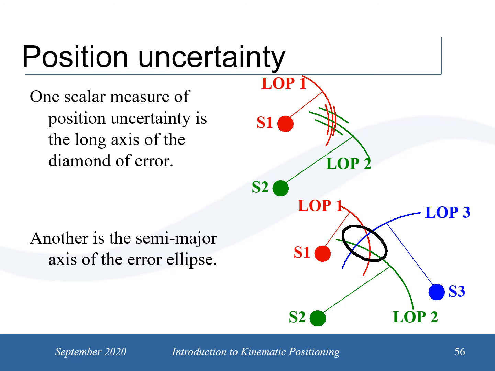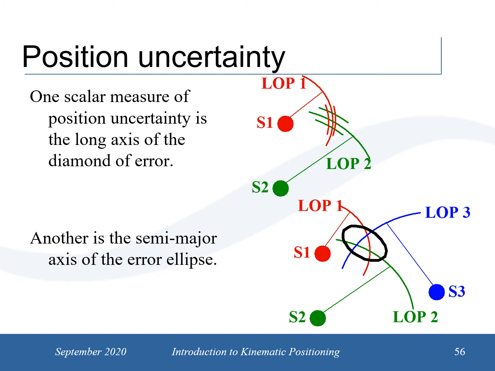Now we have the uncertainty associated with measurements. So going back to the situation in which we have these 2 lines of position, we can think that we have the measurement and we have the uncertainty.